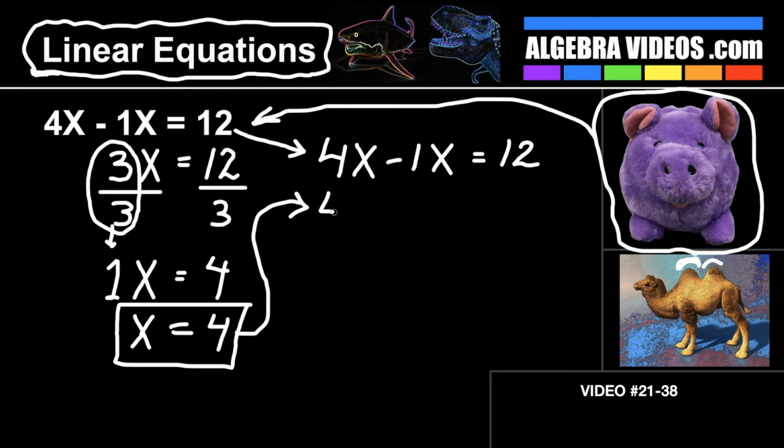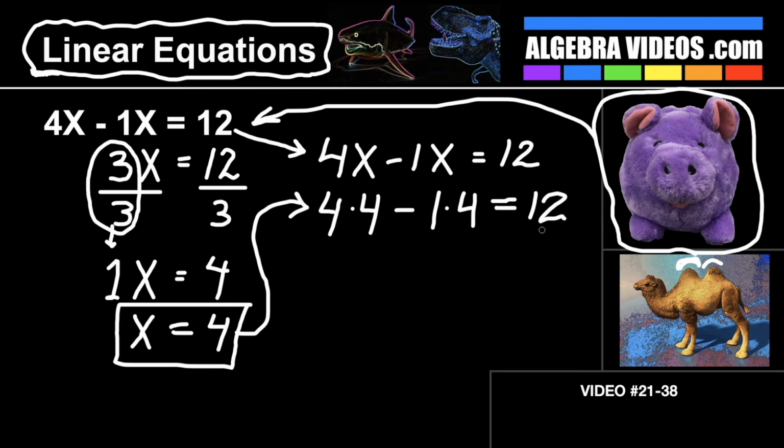So 4 times x, but what's x? Well, we solved for it. We determined that it's 4. Minus 1 times x, but once again, what's x? We solved for it as 4. And that equals 12 on the right side.